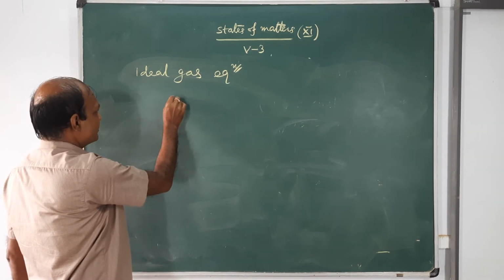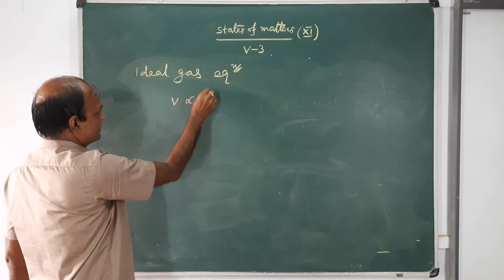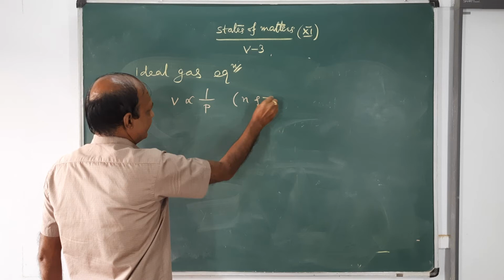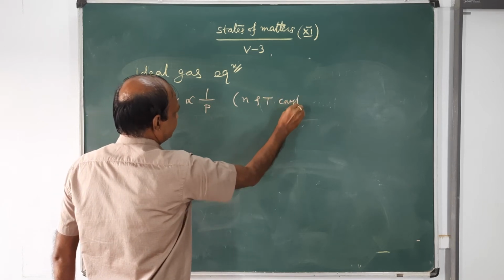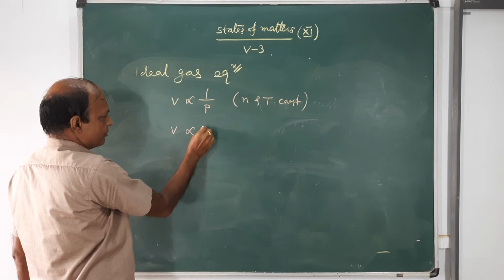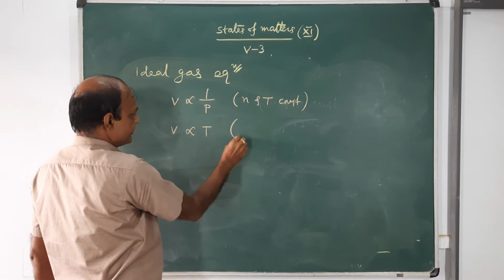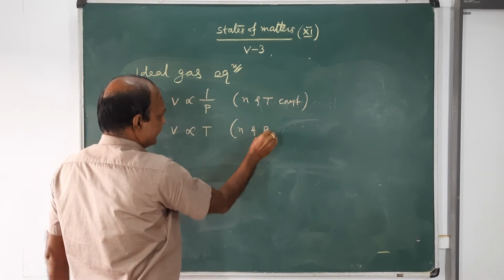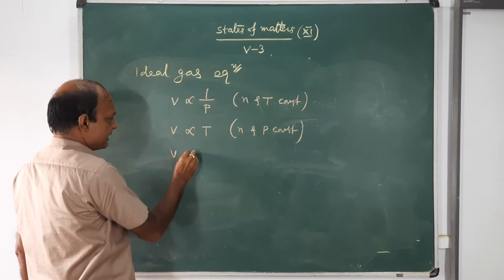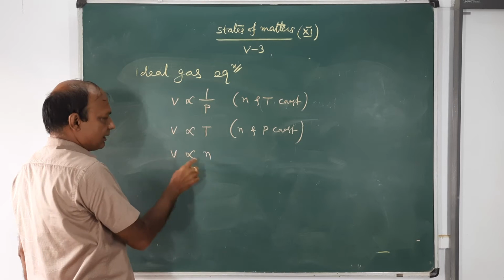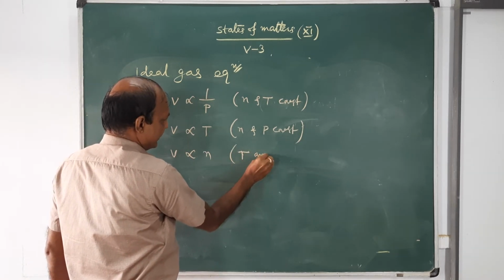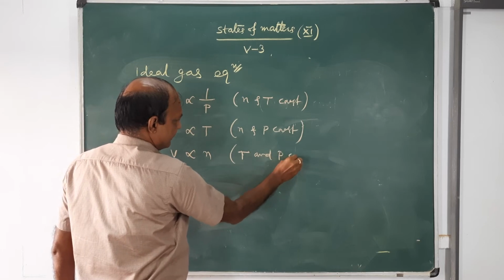So this is Boyle's law, volume inversely proportional to the pressure, where N and T are constant. Charles' law states that volume is directly proportional to Kelvin temperature, where N and P are kept constant. And Avogadro's law states that volume is directly proportional to the number of moles when temperature and pressure are kept constant.